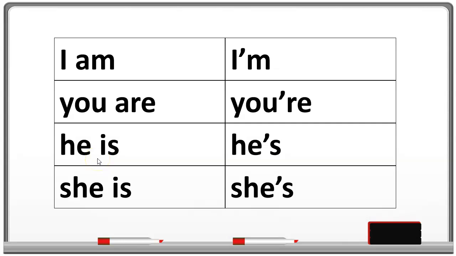He is, and the contraction, he's. She is, and the contraction, she's. Okay, this was our new one in this lesson, she is and she's.